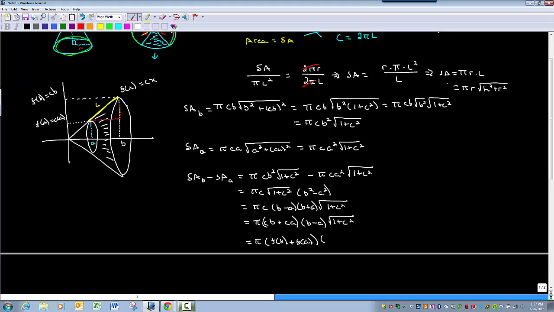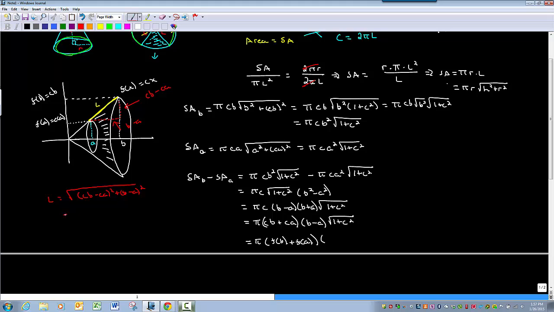What I want you to notice is that this length right here is cb minus ca. This length coming across is b minus a. So altogether, L is equal to the square root of cb minus ca squared plus b minus a squared.